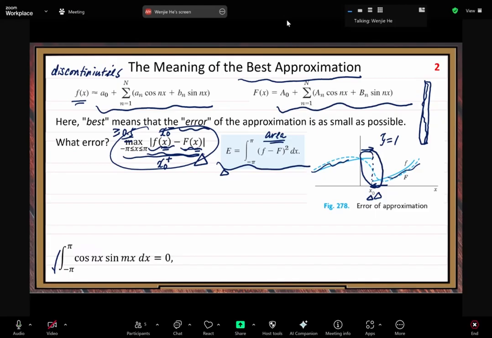Very messy. But when we take the integral of the square, we can expand the square, and it's normal integration, much easier. So from the calculation point of view, the second definition is much better.